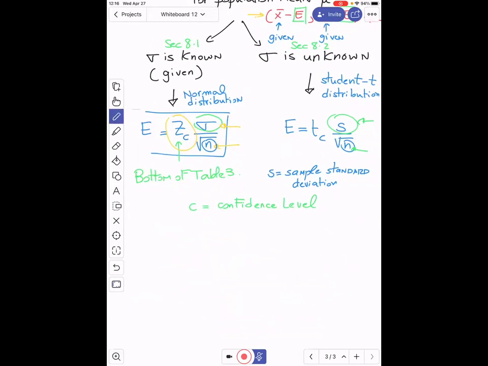Now, to find this t subscript c, we need to use table 4.